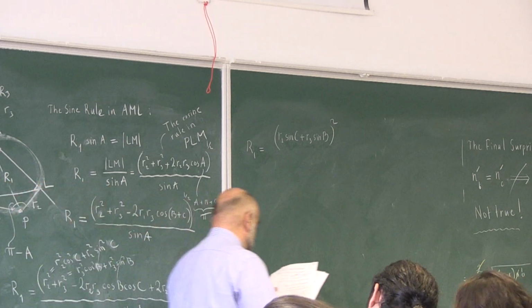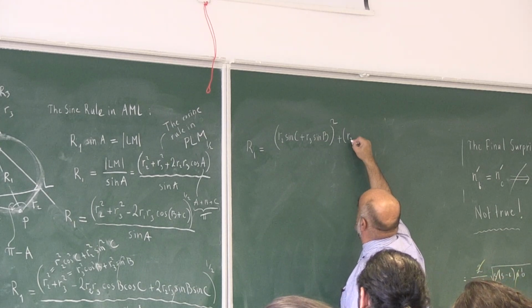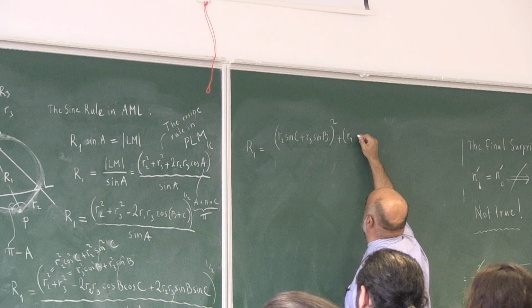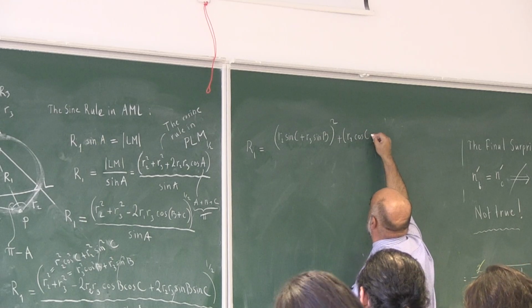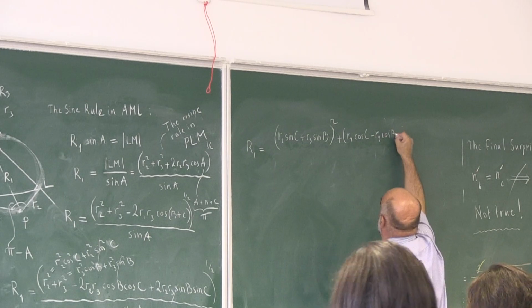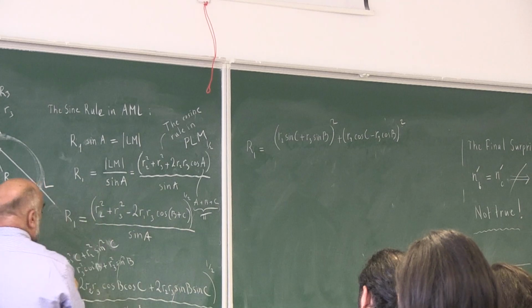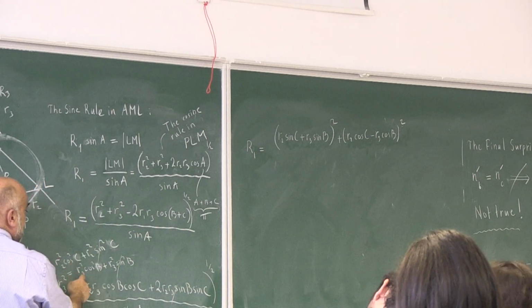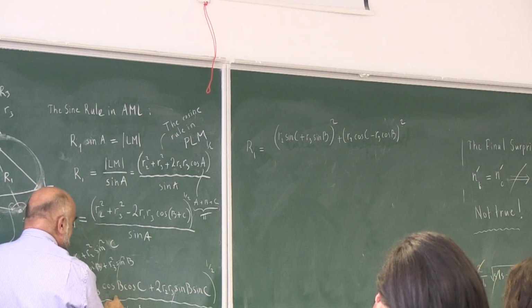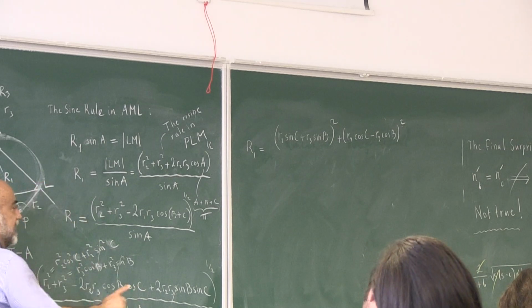And then I can also write R2. Yeah, as you can see, I consult my notes all the time. I don't want to make a stupid mistake. Cosine B squared. Do you observe? That gets me R2 squared cosine squared C, R3 squared cosine squared B, minus 2 R2 R3 cosine B cosine C. Exactly.